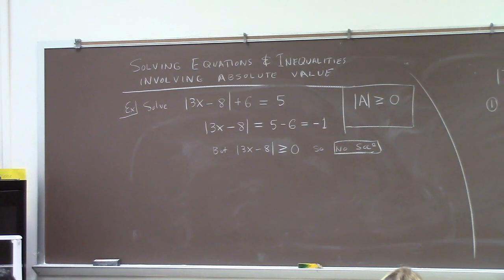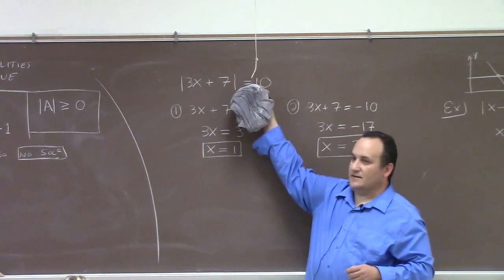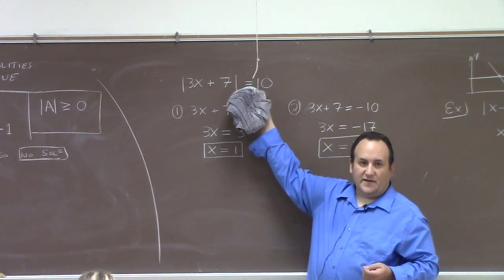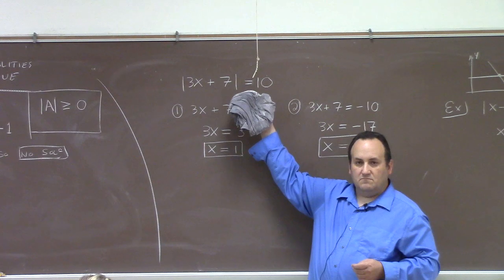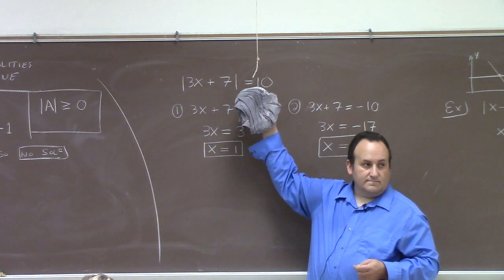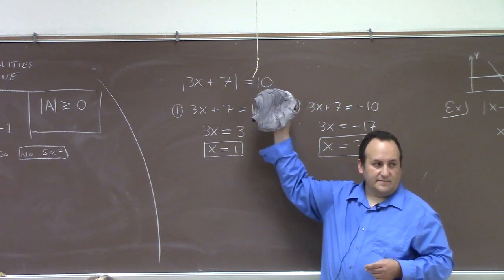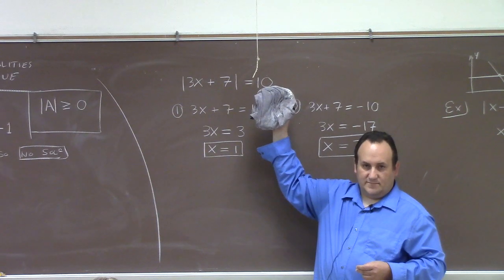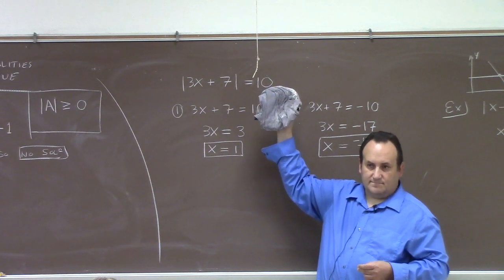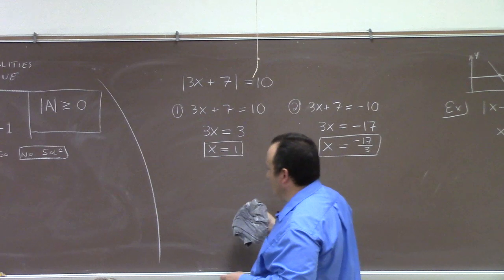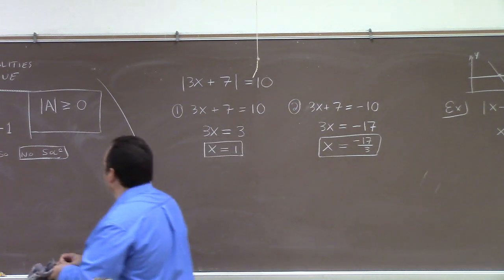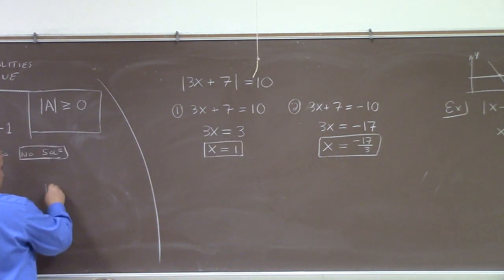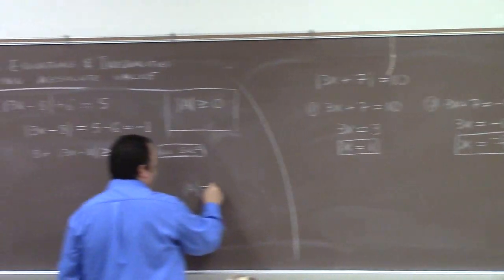When we worked before, we had absolute value of stuff equal to 10. Can an absolute value of some quantity be 10? Sure. It's got to be positive or 0 at worst. We've built absolute value from the square root.